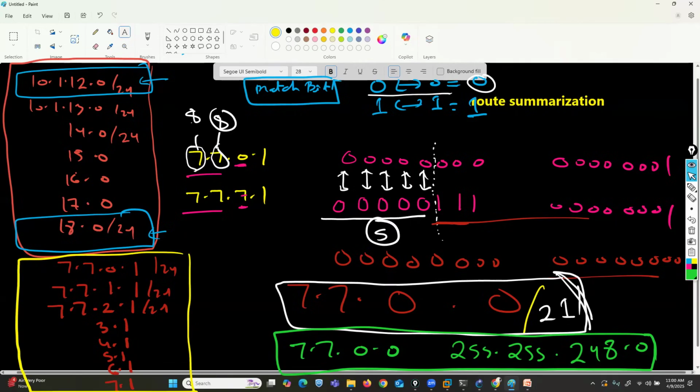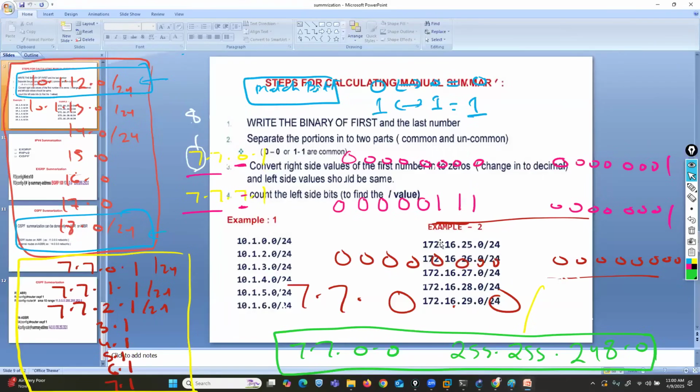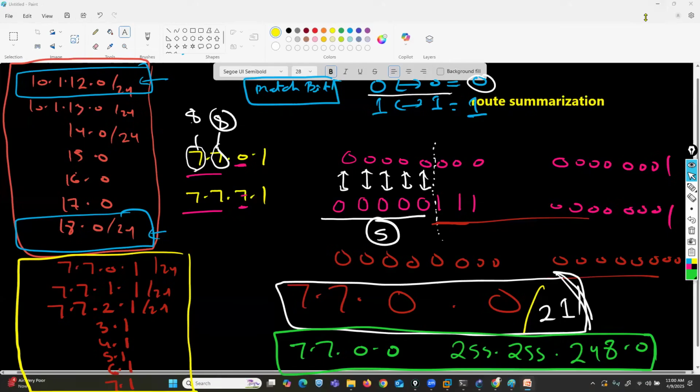Yes, I think I need help with this. But I understand the logic of the summary. Converting this, for example this 125, how to convert it. Just try to solve this question, you will see.